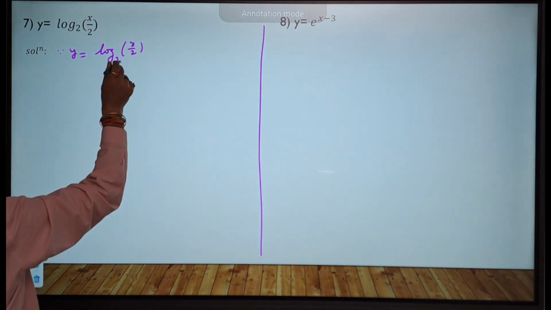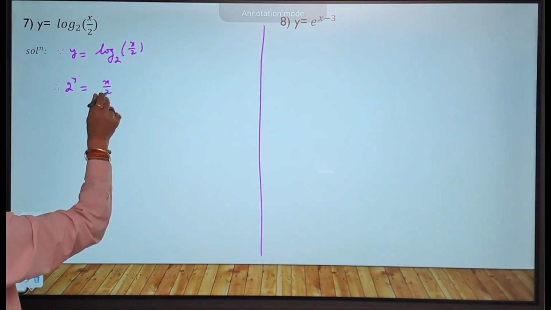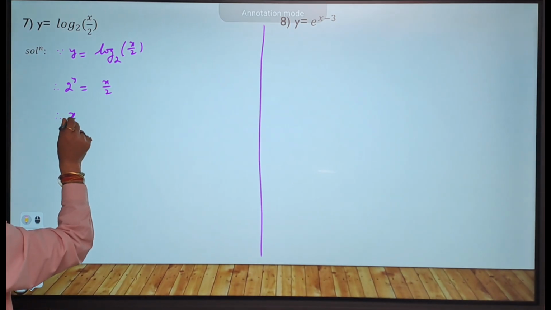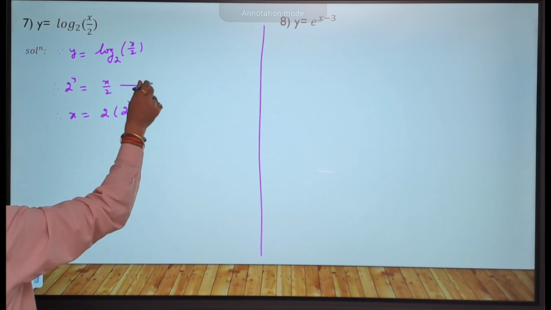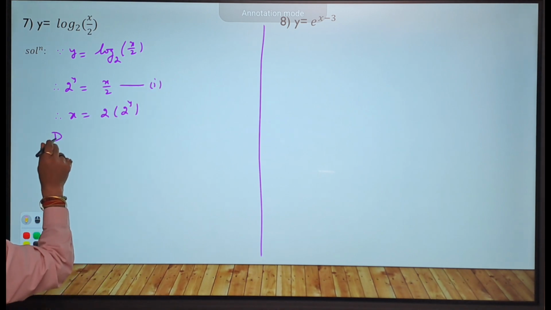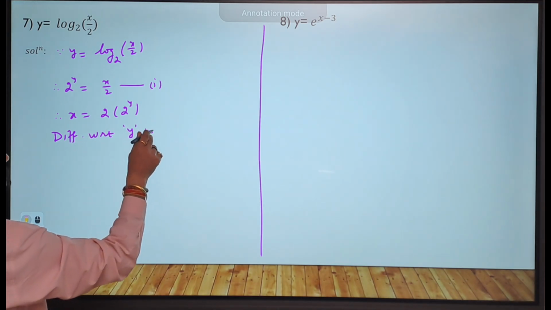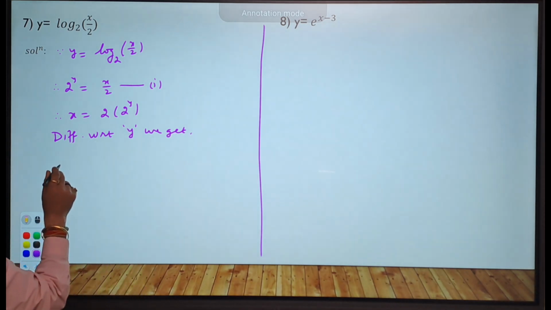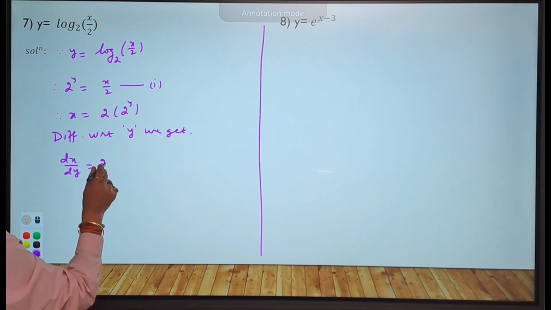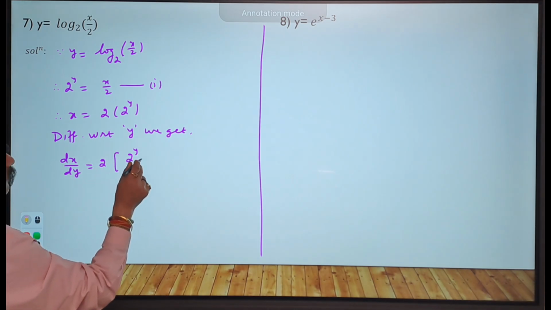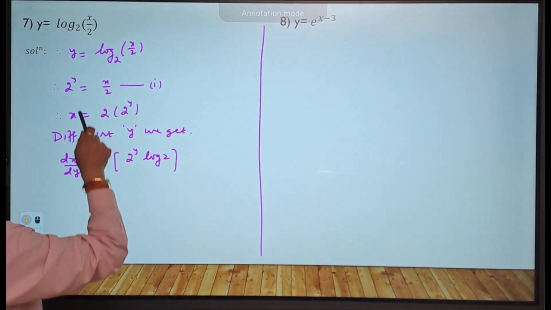y is log of x by 2 to the base 2. So 2 raised to y is what? x by 2. x is what? 2 into 2 raised to y. Differentiating with respect to y, we get dx by dy is what? 2 into 2 raised to y log 2. And 2 raised to y is what? x by 2.